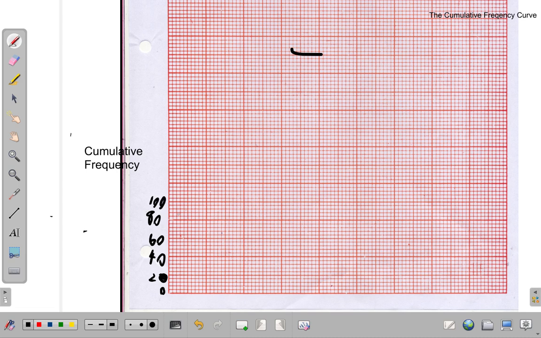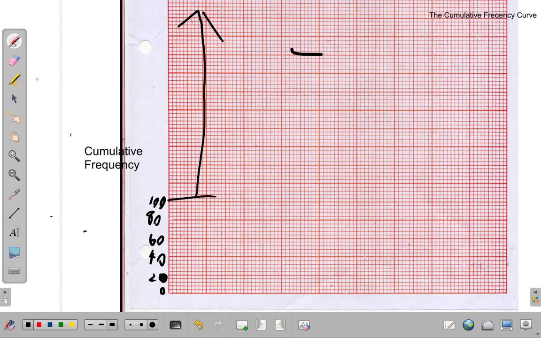And you see that you've used up a very, very small portion of the graph paper when almost all of the graph paper is way up here. Right? You don't want to do that.